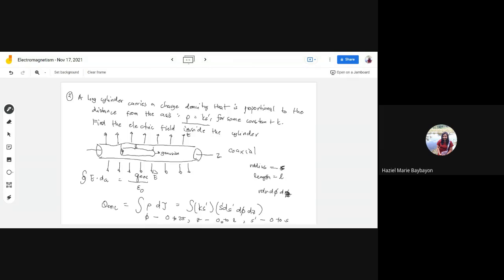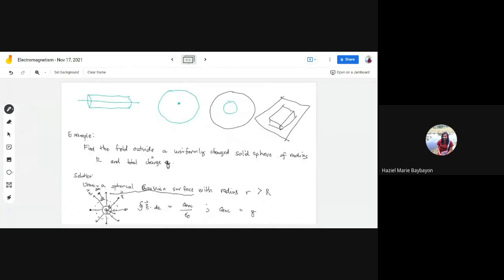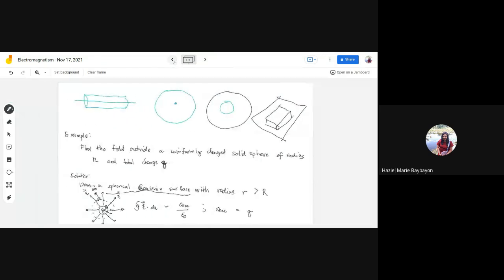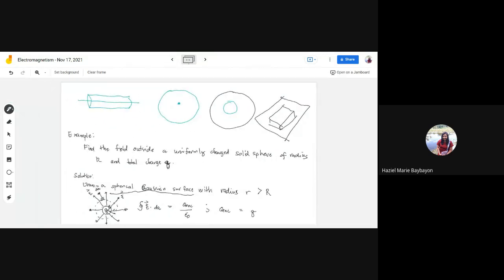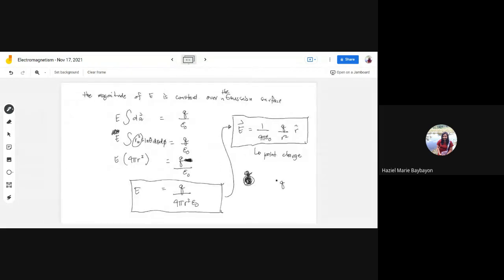Take note that your limits depend on the Gaussian surface. Back in the sphere earlier, our limit was from 0 to r, since we integrated over the Gaussian spherical surface of radius small r, which is why we used 4 pi r squared.